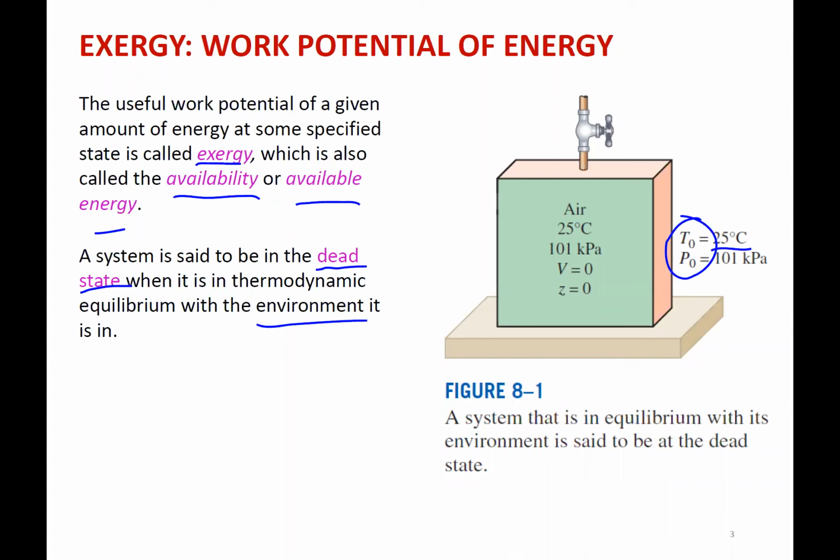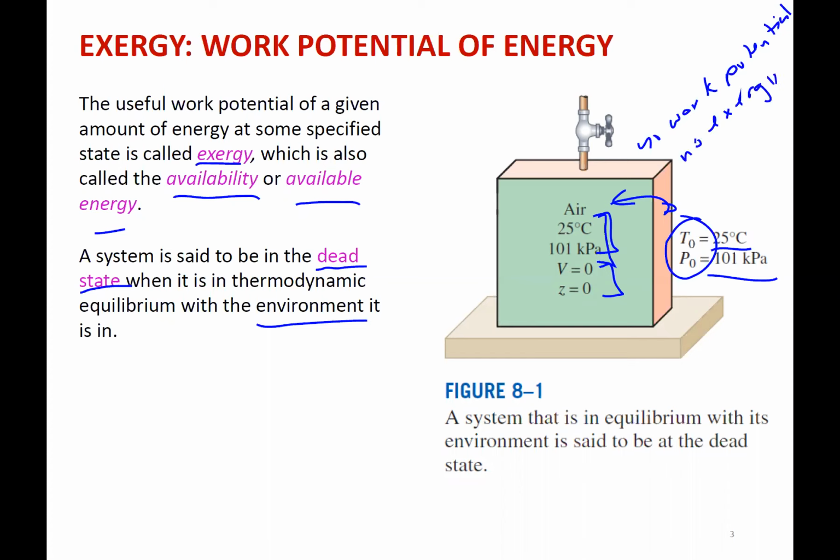So we have a temperature of 25 degrees Celsius, 101 kPa, and in this tank, the air is 25 degrees and the pressure is 101, and we have no kinetic energy, so no velocity or height, so no potential energy either. So this is the same as the dead state, so there's no work potential, so no Exergy.